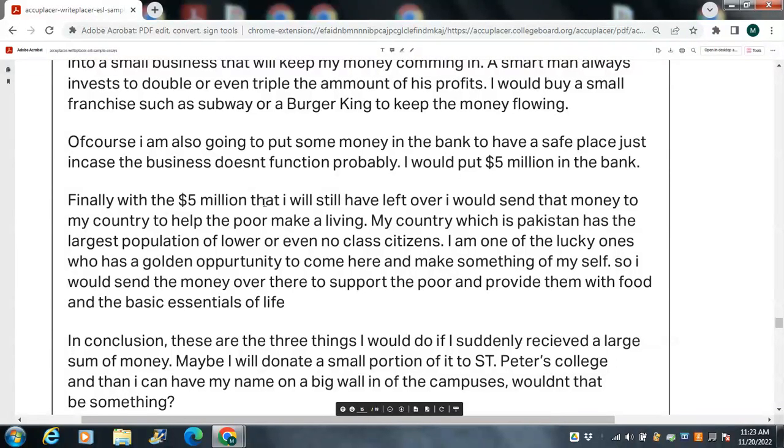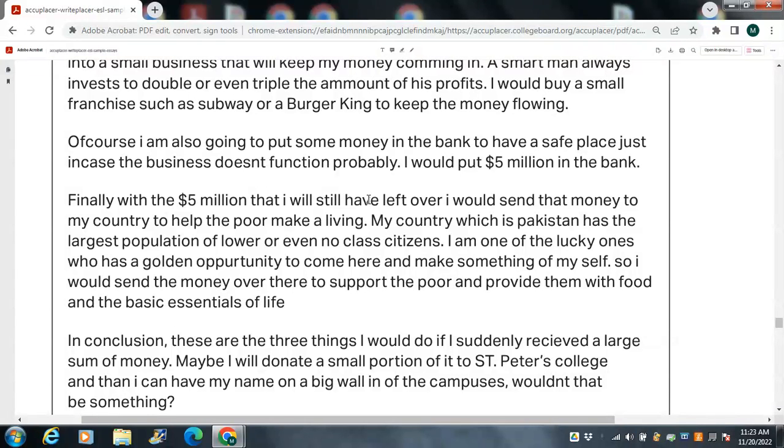So in this case, it's set up pretty much like a complex sentence. And again, they should have said, finally, with the 5 million left over, comma, I would send that money to my country to help the poor make a living. And then they go into what my country is.